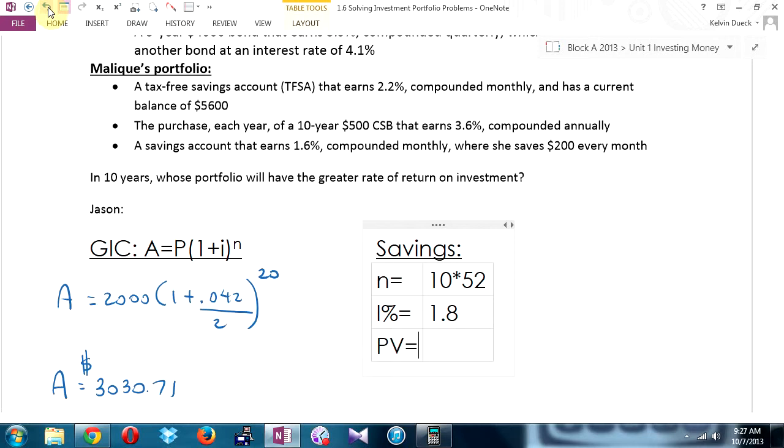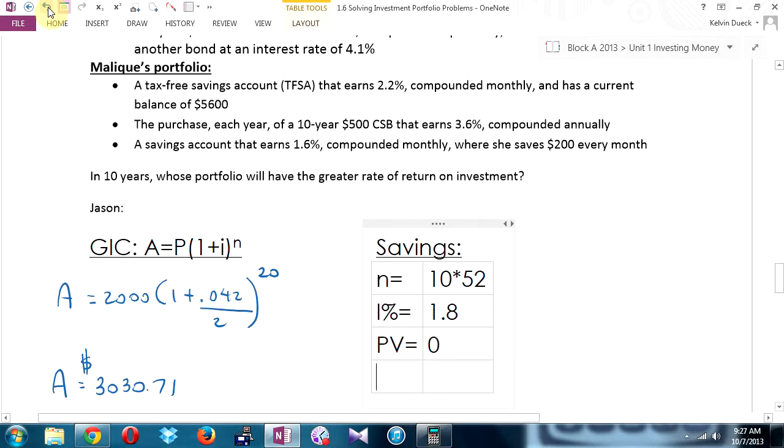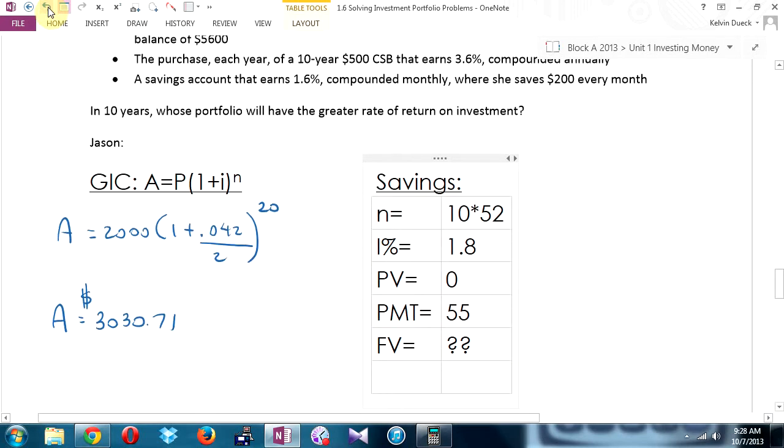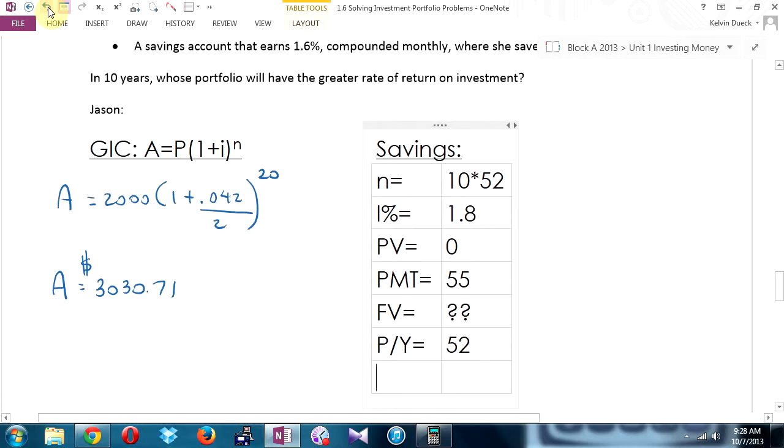Present value we're starting out with is 0. The payment each week is 55. The final value equals, don't know. Payments per year equals 52. Compound periods per year equals 52.